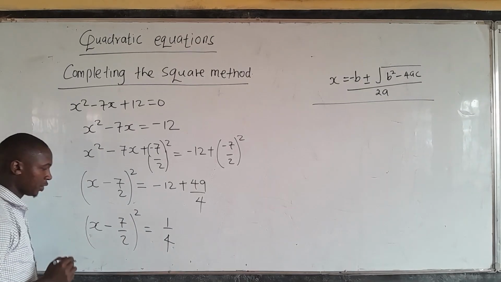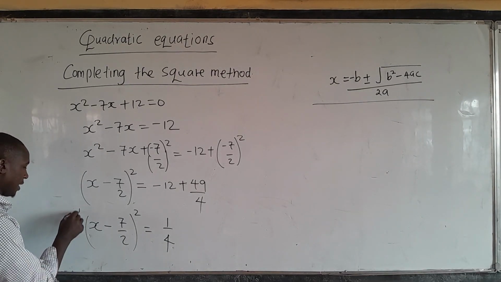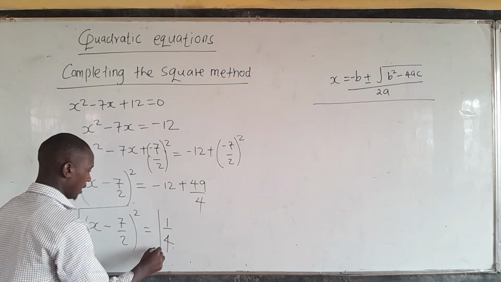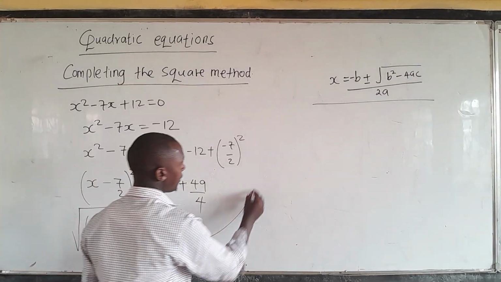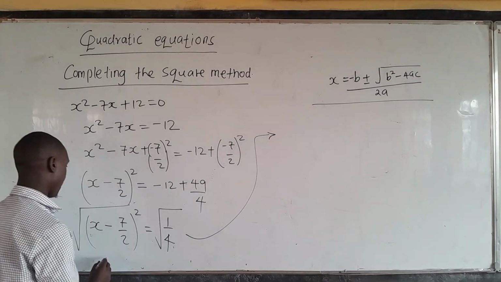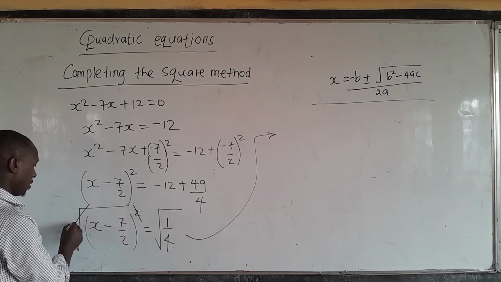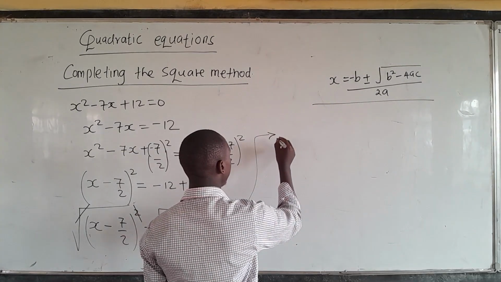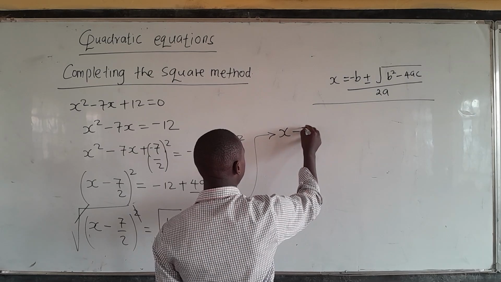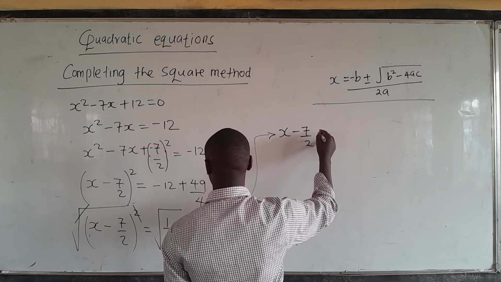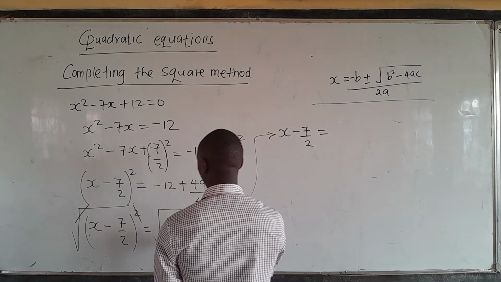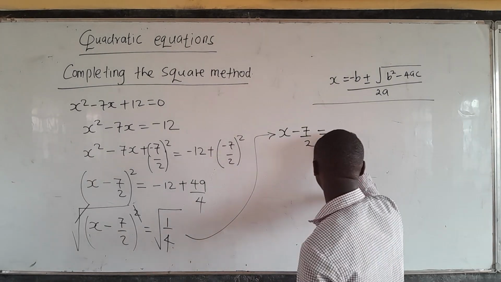Now the next thing we want to do is to find the square root on both sides. The square root on this side and the square root on this side, then the square cancels out with the square root. Then we have x minus 7 over 2 equals the square root of any number, which should be plus or minus.